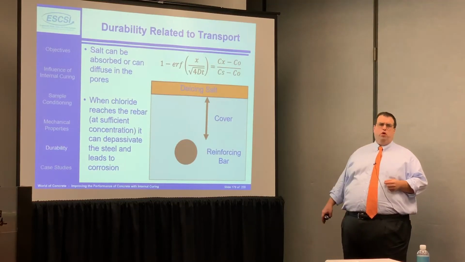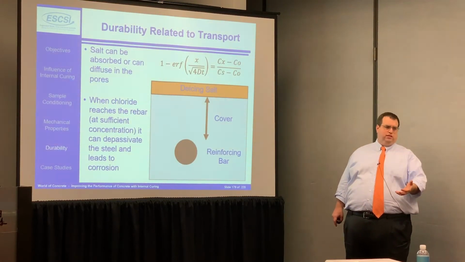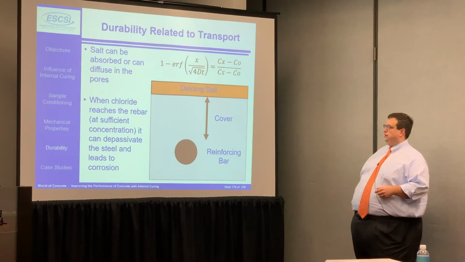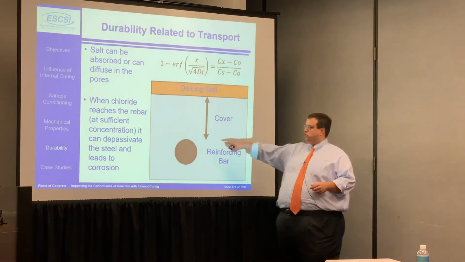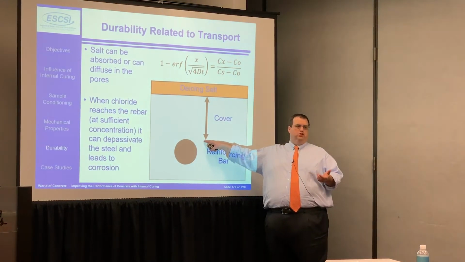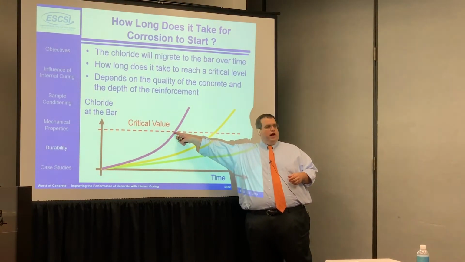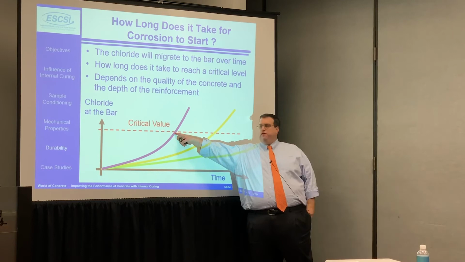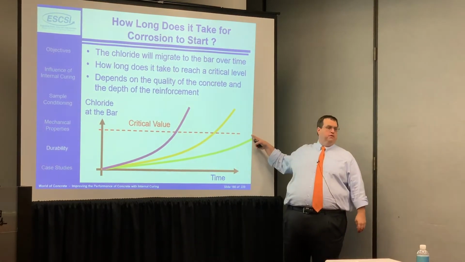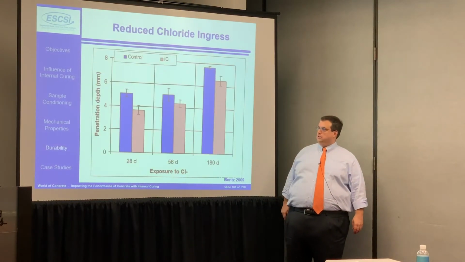De-icing salt, this is a big one when you start to try to show the value. I'm not going to go through all the equations on how we calculate how long it takes the salt to get to the reinforcing bar, but this is the main thing that you use to determine the service life of the system. If it goes in fast, the concrete starts to degrade fast. If it takes a long time, the concrete is going to be long lasting.